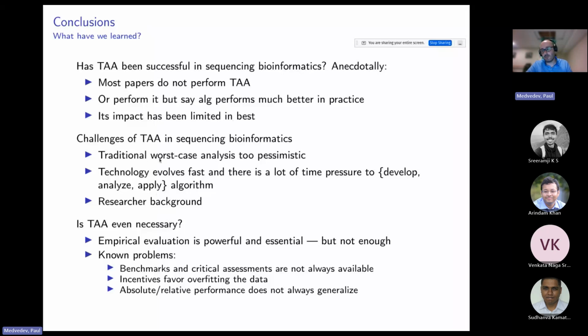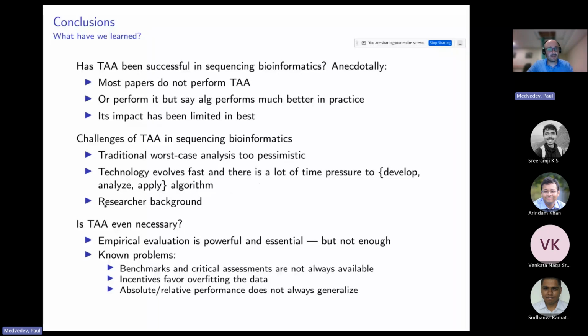The thing is, we all learn traditional worst case analysis, how to do that. We learn that in undergrad, maybe grad school, but it's really too pessimistic for real data. And that's our comfort of what we can apply, but it's not good enough.